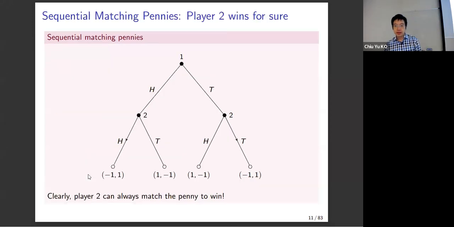So in this case, player two will have a dominant strategy, right? If he has to choose, player two will choose 1 over -1, right? This is his dominant strategy. Here, player two has a dominant strategy of choosing tail, given head or tail, player two will choose tail, right?